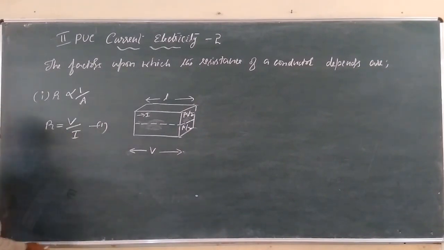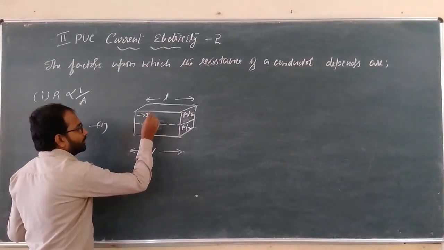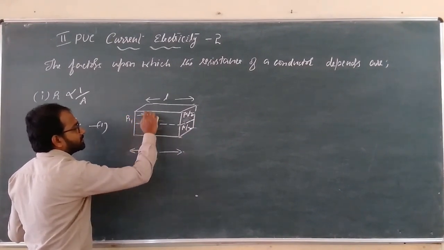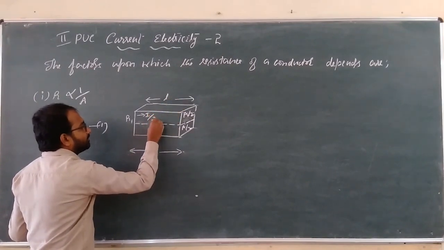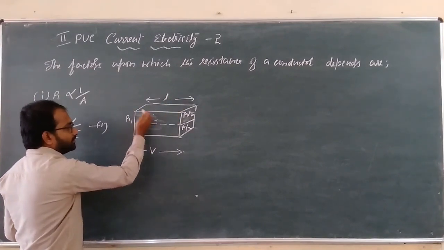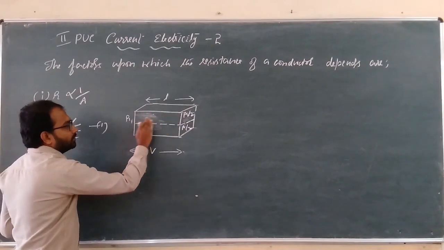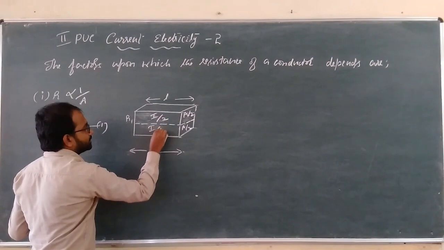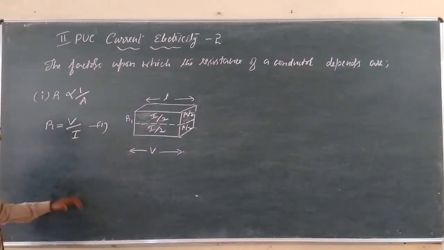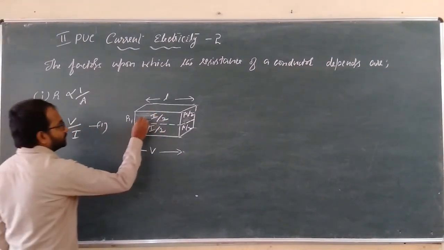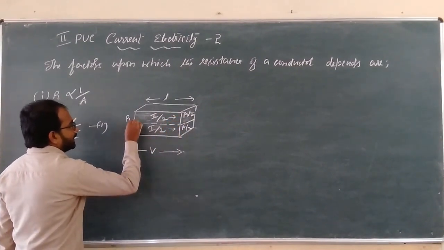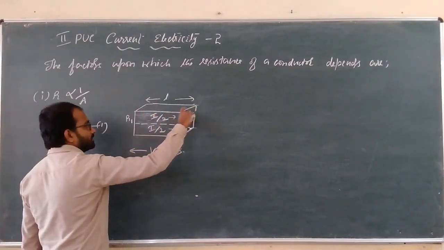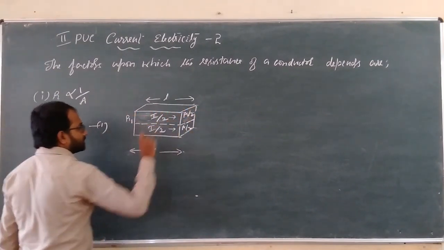Now what happens to the resistance of each section? Let R1 be the resistance of this particular section. What about the current flowing? The initial current is I, right? The total current is I. Now since it is cut into two equal pieces, the current becomes half of the initial value, I by 2, I by 2, because the total current is I. So the resistance of each section is R1, the resistance of this portion is R1, the resistance of this portion is also R1.